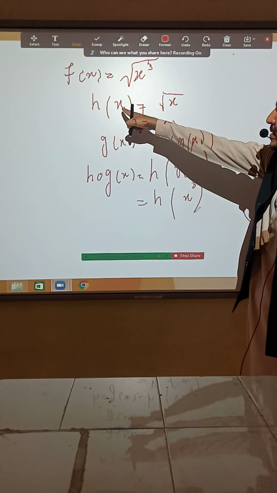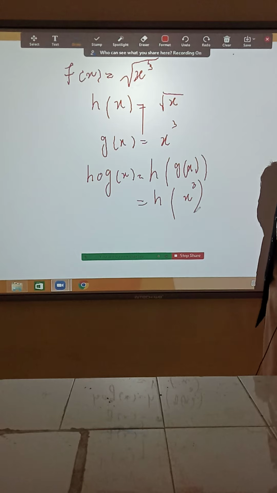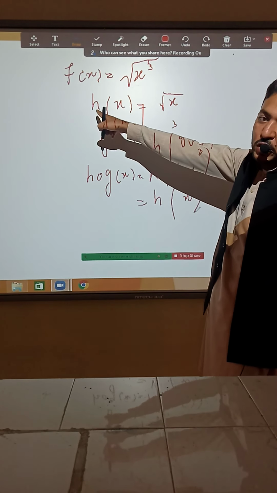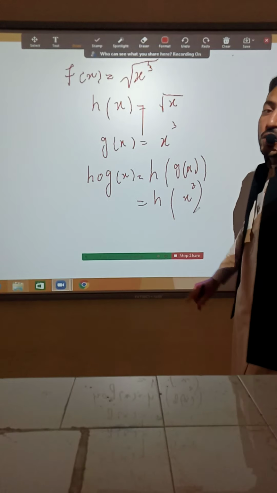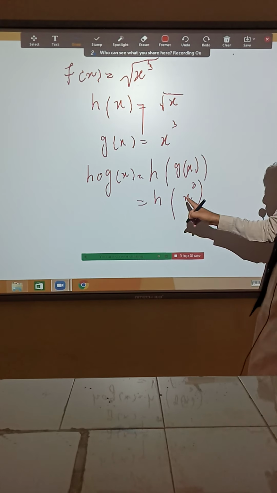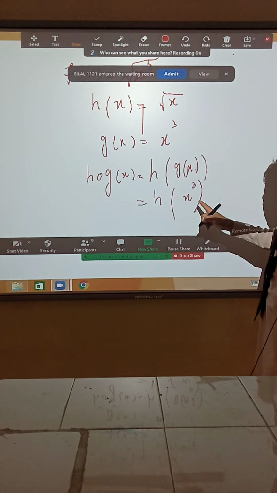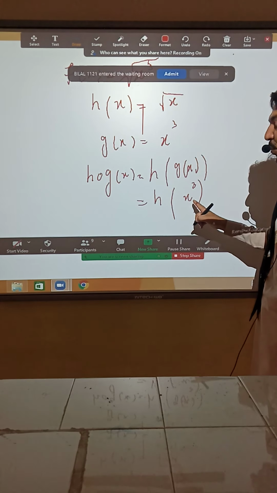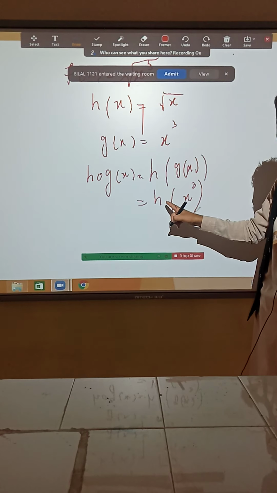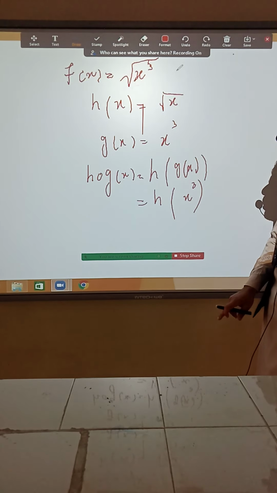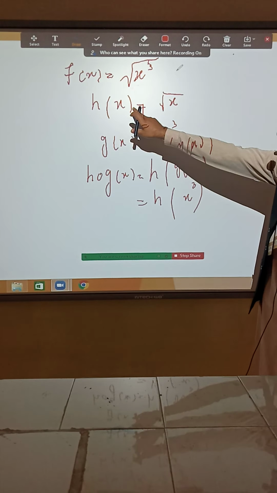So to calculate the range value when you substitute the independent variable in this function h, you need to take the square root of that value. Here we have x cube, so you need to take the square root of x cube.